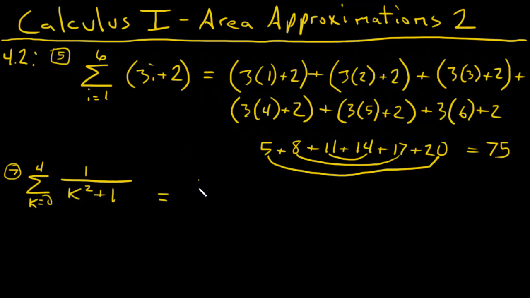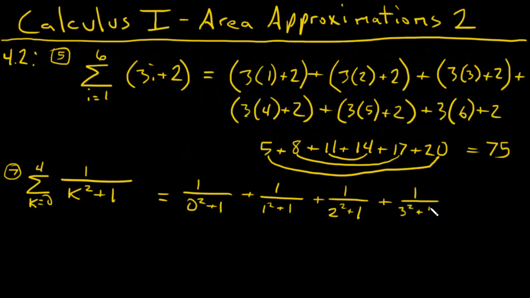So we're going to have 1 over 0 squared plus 1, plus 1 over 1 squared plus 1, plus 1 over 2 squared plus 1, plus 1 over 3 squared plus 1, and finally plus 1 over 4 squared plus 1.